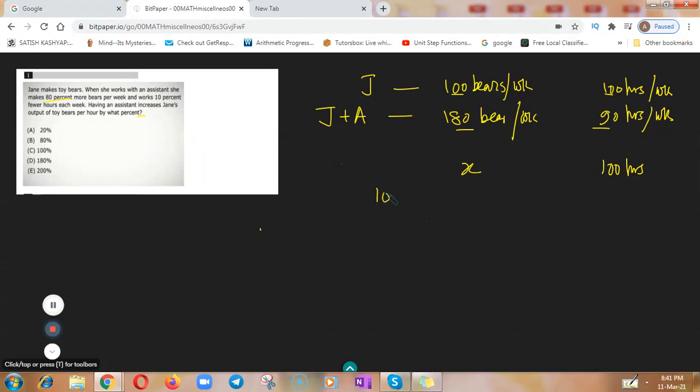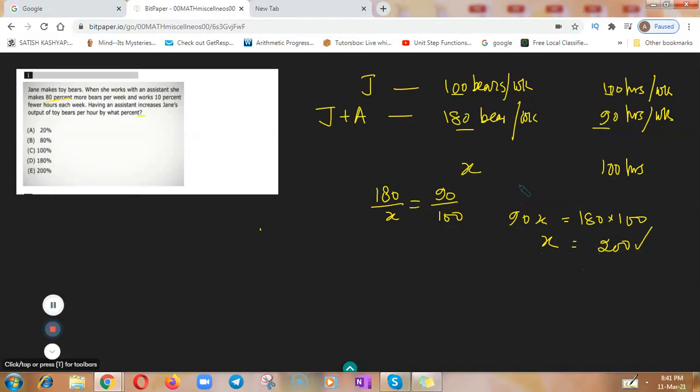So 180 by X will be equal to 90 by 100, from where we can calculate 90 times X equals 180 times 100. So X gives you 200. I'm not writing much, but you can very easily understand 180 times 100 by 90, so that is 200.